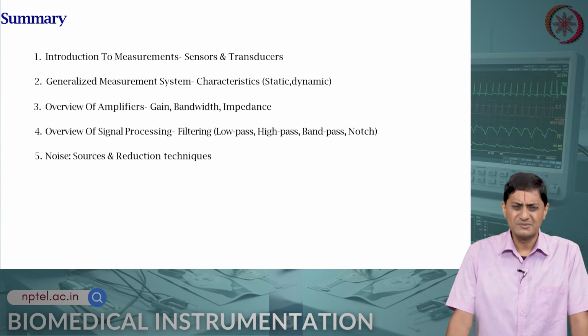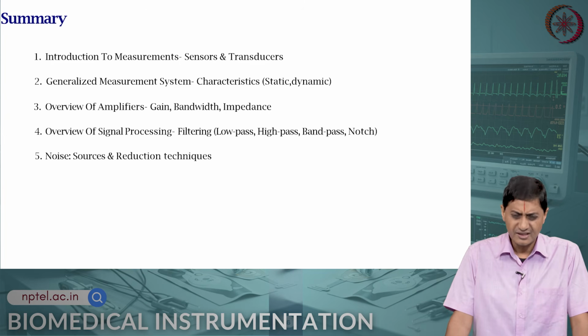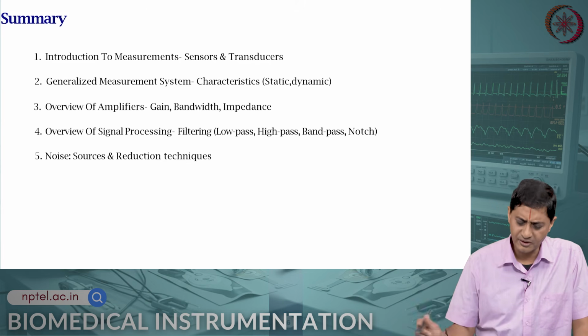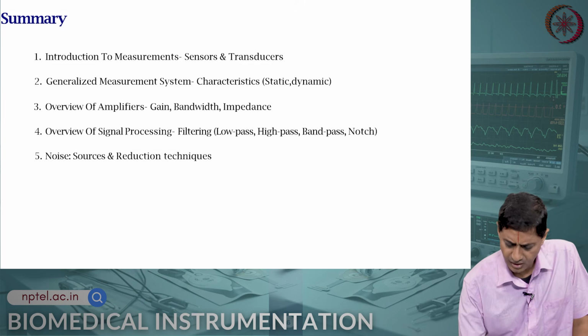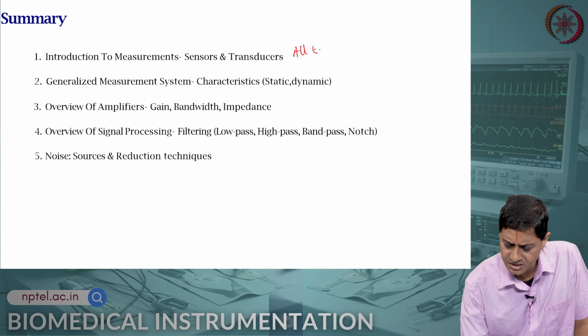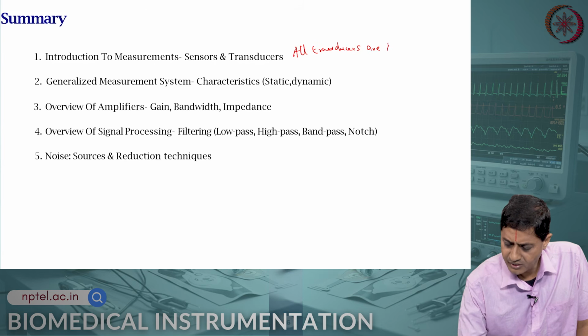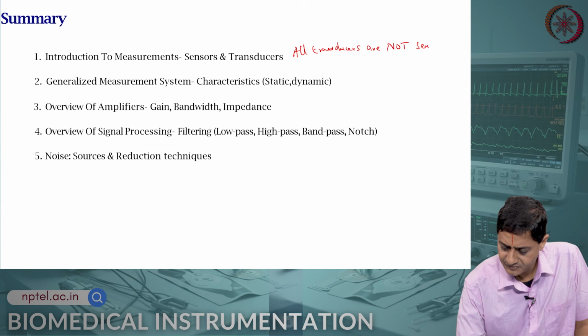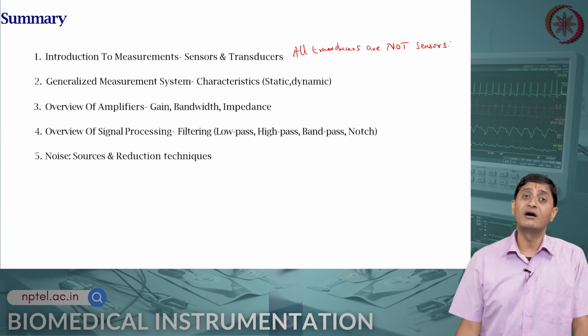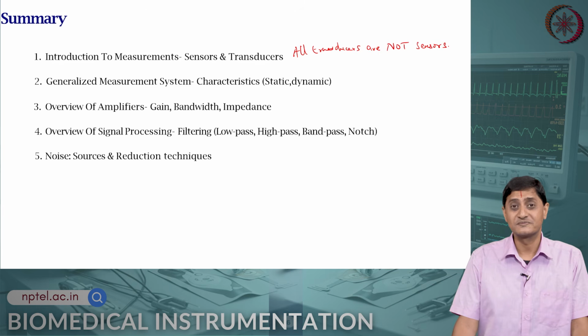So, with this we come to the end of this video. In this video we looked at introduction to measurements, what are sensors and transducers. Importantly, note that all transducers are not sensors, but all sensors are transducers.